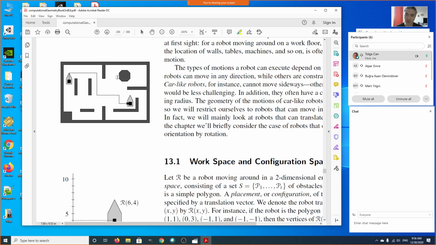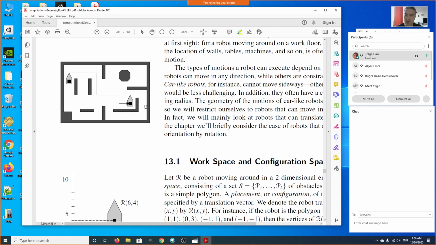And we are also going to assume the obstacles are convex objects too, to see that the resulting configuration space will be linear if we have both the robot and the obstacles as convex polygons.